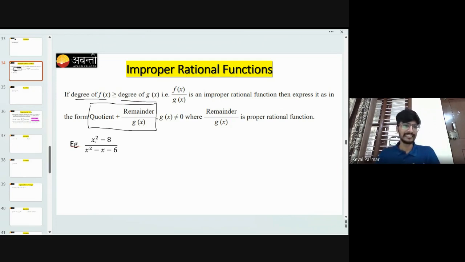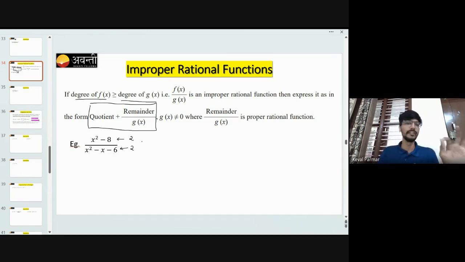What I'm trying to say will be clearer if we do an example. We are not doing an integration example; I have just taken a rational function. The degree of the numerator is 2. What is the degree of the denominator? 2. Both degrees are the same, which means it is an improper rational function.